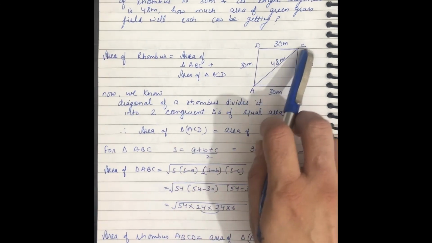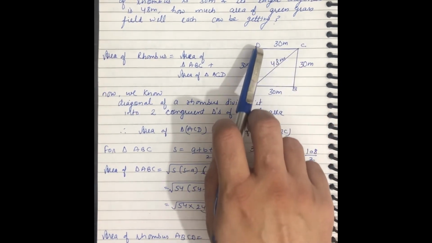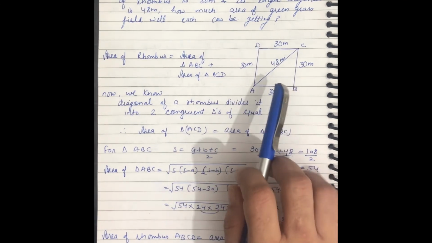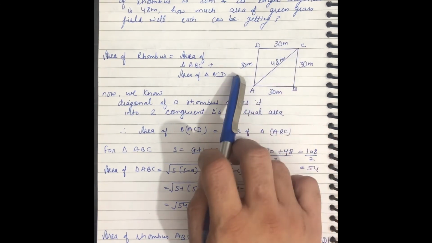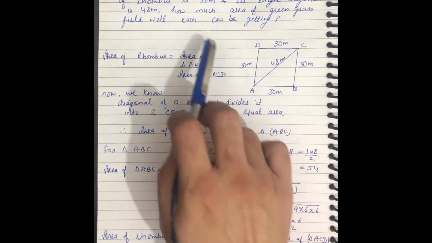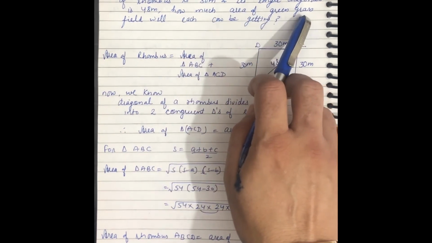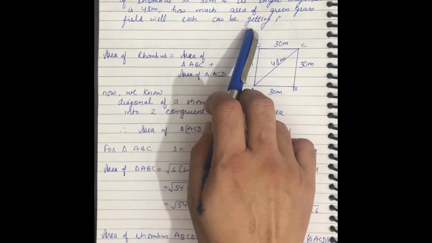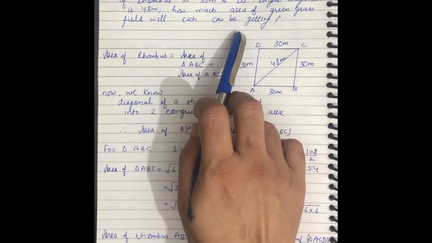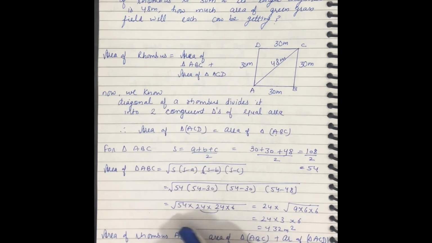I have taken here AC, you can take BD also, it's all up to you. Sides are given as 30. But we have to find how much area of the green grass field each cow will be getting. Area for each cow to graze we have to find here.